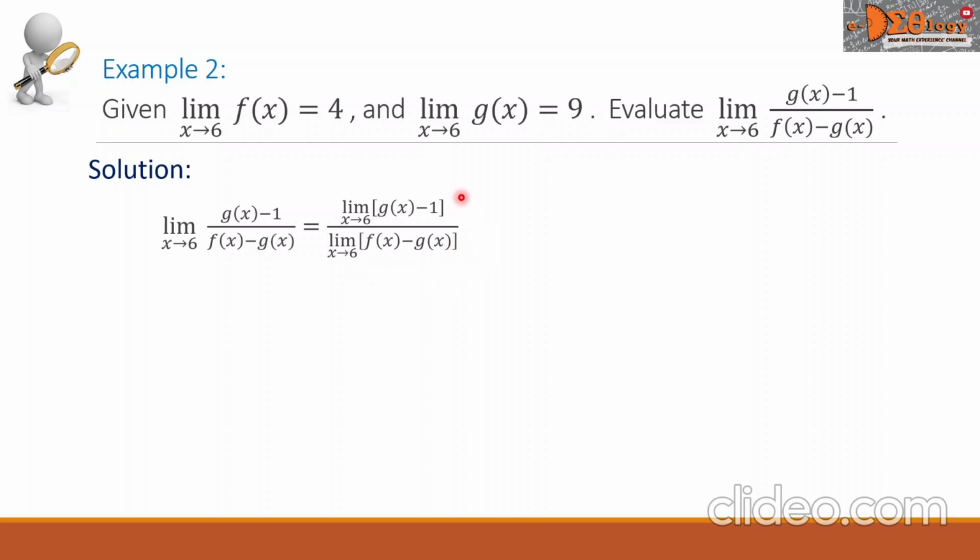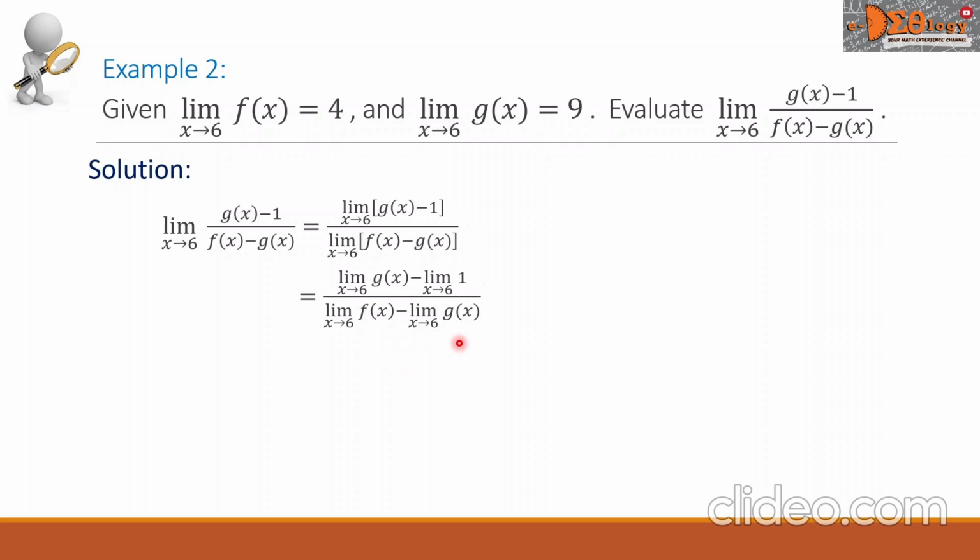From here, let us show that we're going to take the limit of each of the terms in the numerator and also in the denominator. So we have the limit of g of x as x approaches 6 minus the limit of 1 as x approaches 6, all over the limit of f of x as x approaches 6 minus the limit of g of x as x approaches 6.